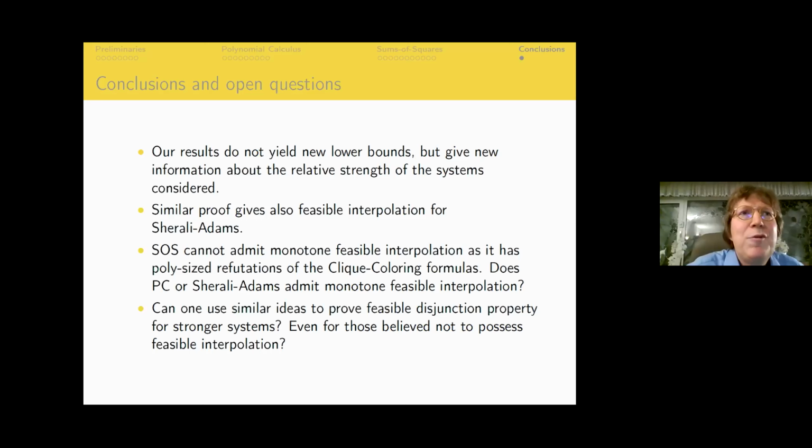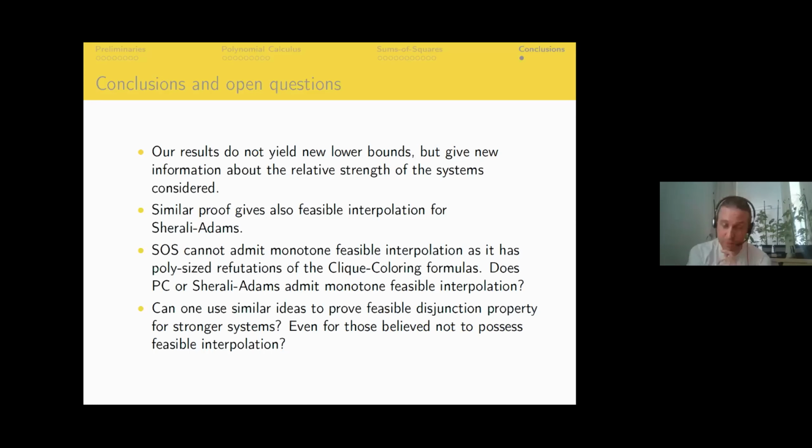No, I'm wondering whether there are other stronger proof systems, not Frege and extended Frege, that have feasible interpolation. Yeah, exactly. Not quite sure.